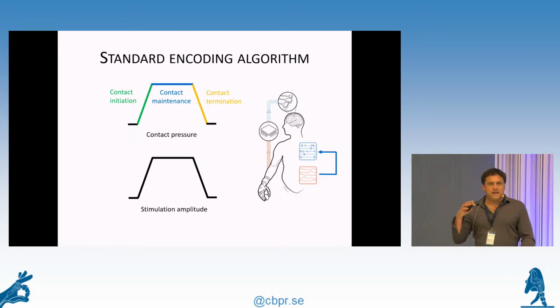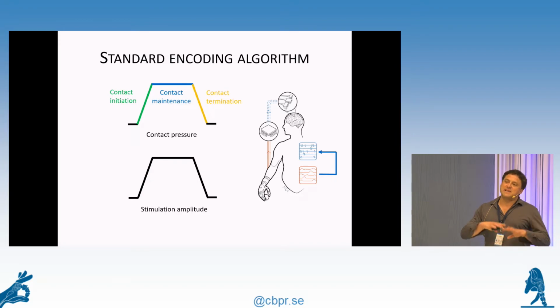So the way that touch is encoded in the vast majority of cases, and I'm going to show you the exceptions in a minute, is you have the output of the sensor on the prosthesis here, right? This is sort of a cartoon of what happens when you make contact with an object. The force increases, the output of the sensor increases.